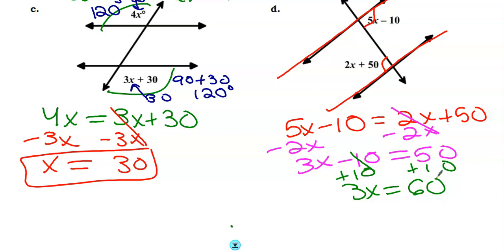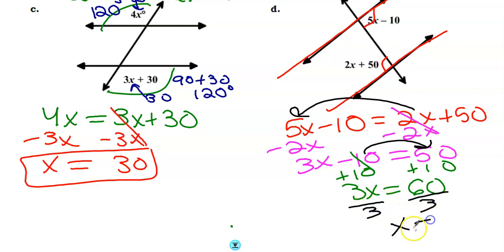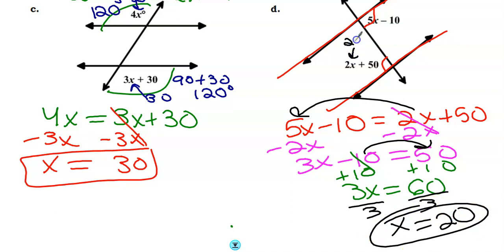So I have to move things over. I move this over, and I move the 10 over by changing the sign, and now dividing. Then I can plug 20 back in. So they both equal 90 degrees.